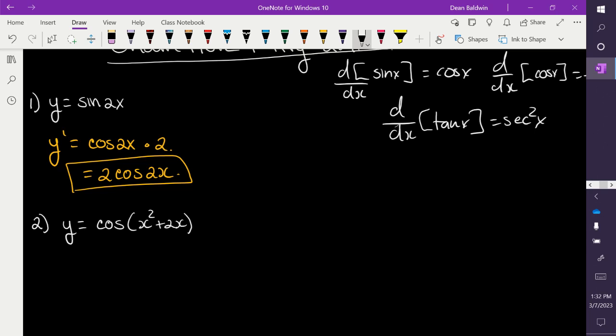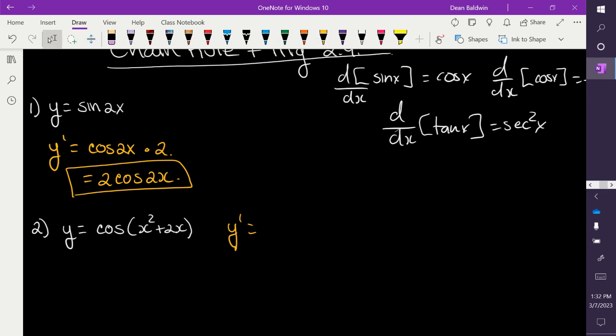All right. Cos of x squared plus 2x. What's the outside? It's cosine. So if we do the derivative, we do derivative of cosine, which is negative sine of all this junk, x squared plus 2x, multiplied by the inside derivative, which is 2x plus 2.